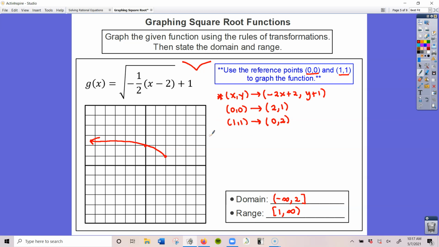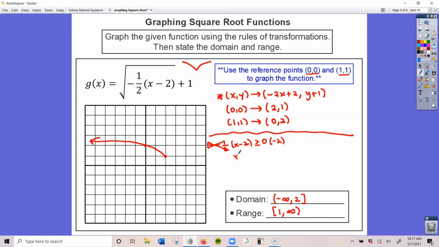And again, if you use what we did earlier, if we take the inside of the radical and we make it greater than or equal to 0 to solve for the domain, I would have to multiply -2 to the other side to cancel out the -1/2.